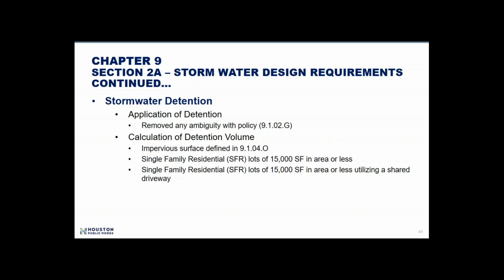Now you'll use the strictest criteria. Until we become aligned with the county, they now have a stricter criteria. So if you back up to a show ditch and you have to provide detention and they tell you it's 0.65, then that's the rate. It's going to be 0.65. They're now stricter than we are, possibly.